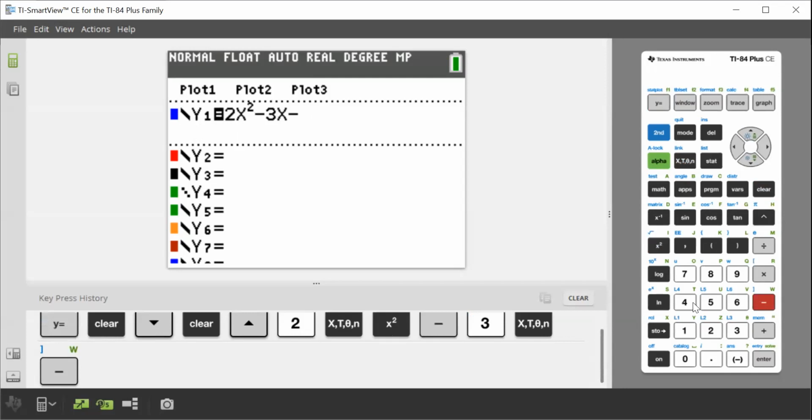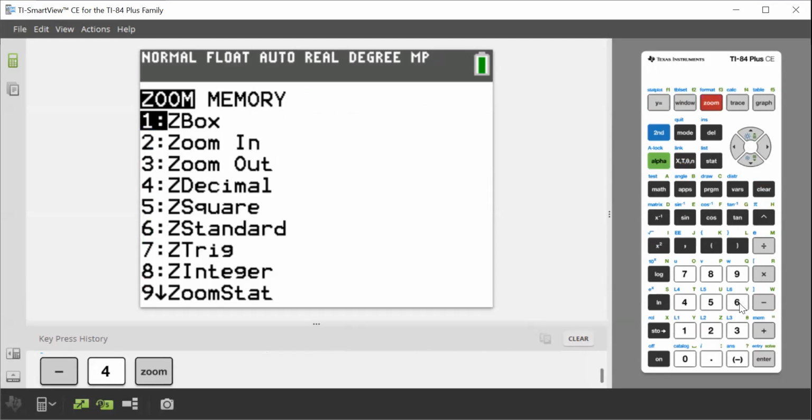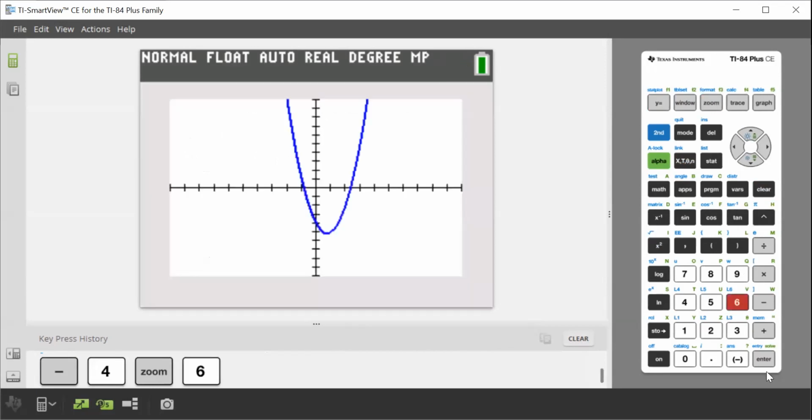Just like that. Then I'm going to make sure my window settings make sense. So I'm going to go to zoom, and then I'm going to hit 6 for standard. There it is. There is the graph of that function. No big deal. So remember what we would do in the last unit, we would find the max or the min, things like that, the y-intercept.